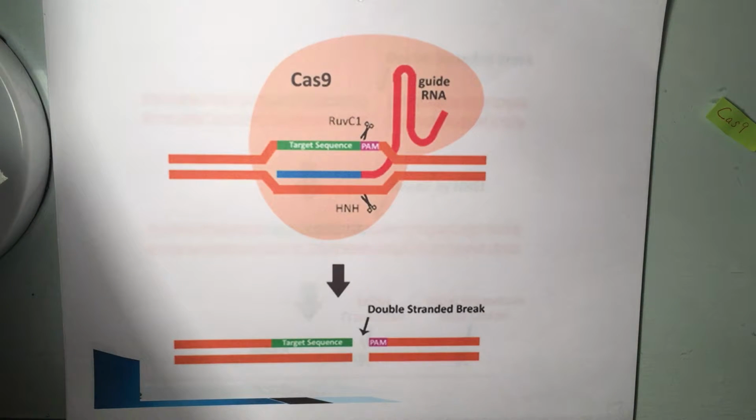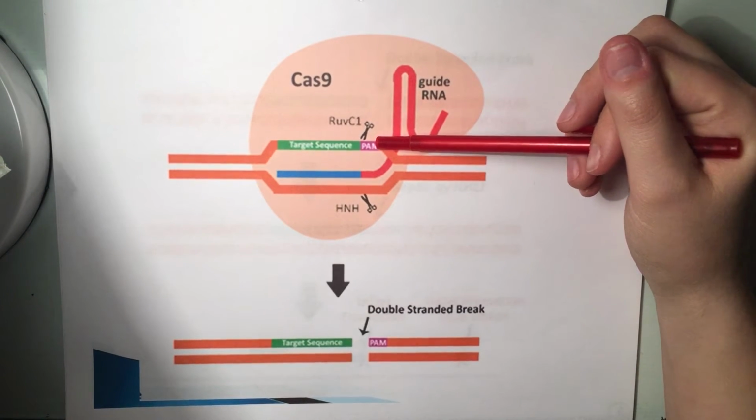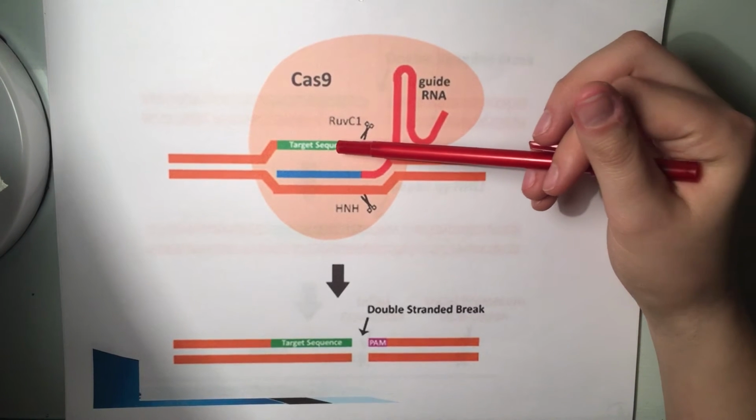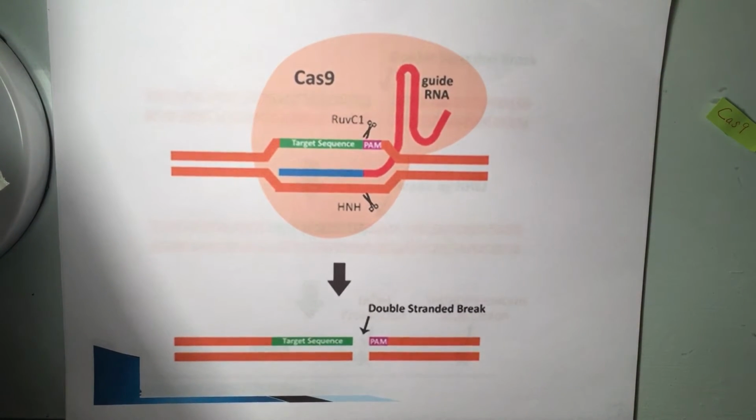The specificity of the system is known to depend on the protospacer adjacent motif, or PAM, which is located downstream of the target sequence.